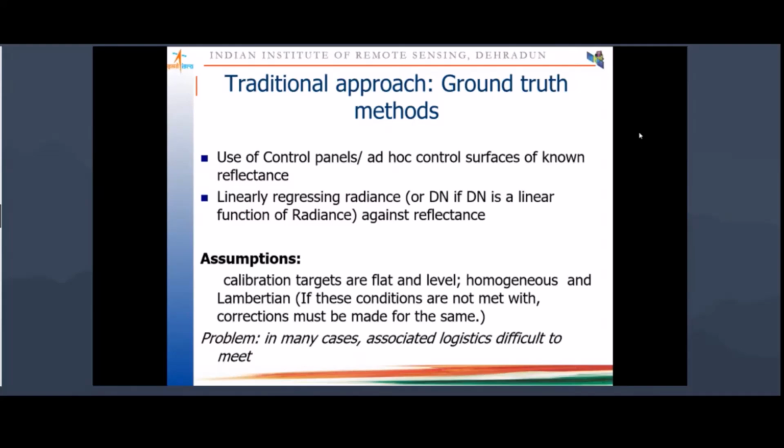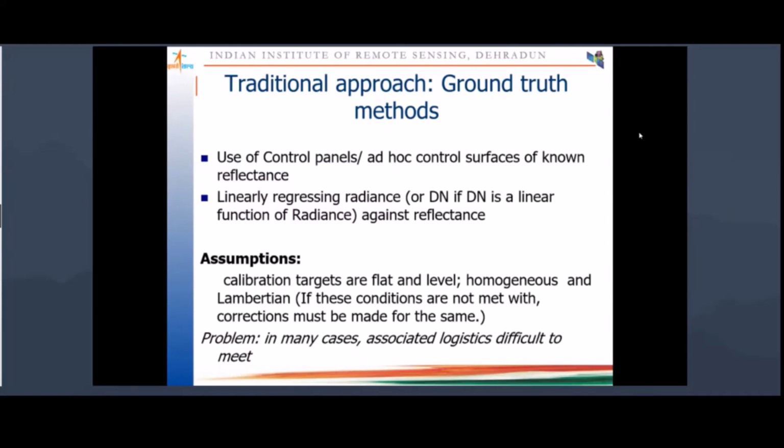You can do it with DN also, if there is a linear calibration relationship between the DN and the radiance, which is so for most of the sensors that you commonly use, Landsat, MODIS, then OceanSat, and other Indian sensors also. So you have usually a linear relationship. So you can start with DN also.